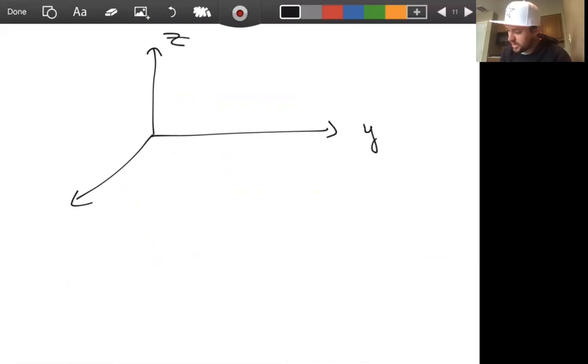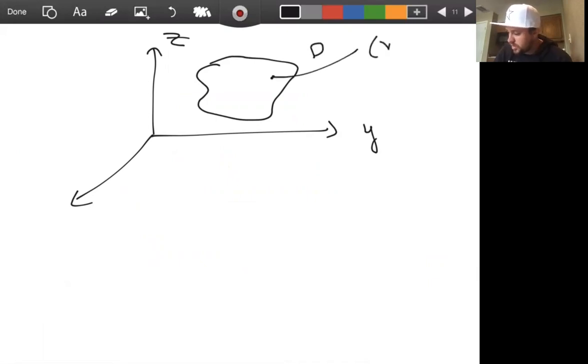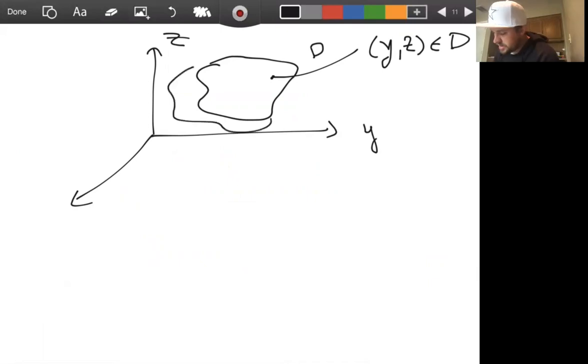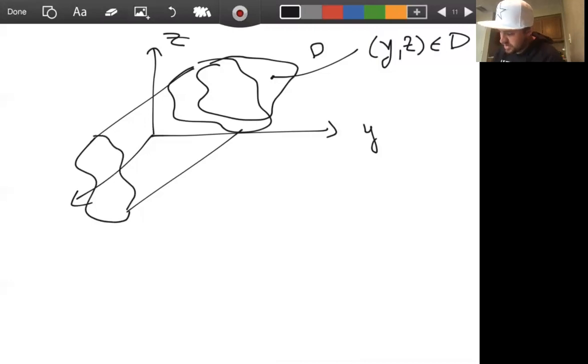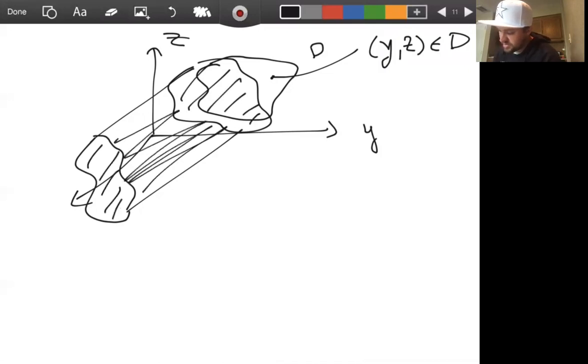And there's a third one, right? What if we have something over the yz plane? And so here we have some domain D with points yz in D. And then we look at this region bounded between two surfaces above the yz plane now, right?